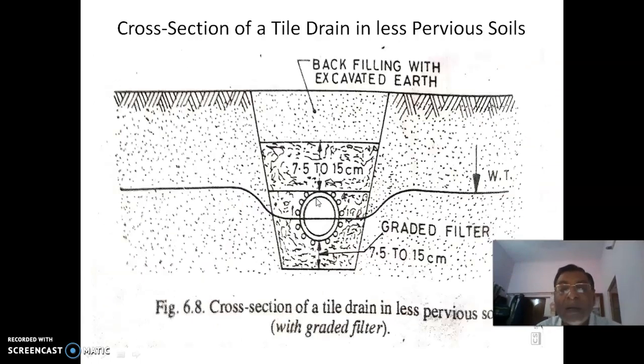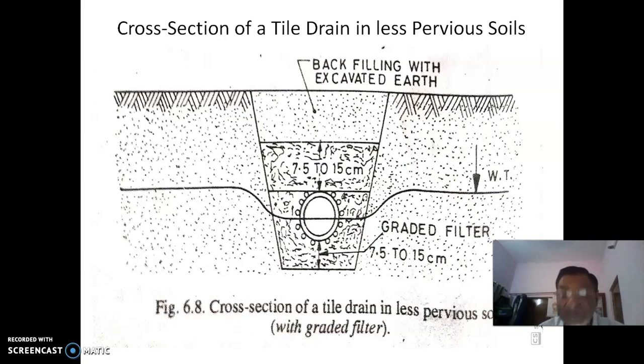Therefore, there is backfilling of the excavated depth to some extent, but a graded filter is arranged. That is the inverted filter. Here also, a similar effect you can observe. The water table is maintained at a certain depth below the root zone, not touching up to the root zone. Okay, so this is a cross section of a tile drain with less pervious soils.